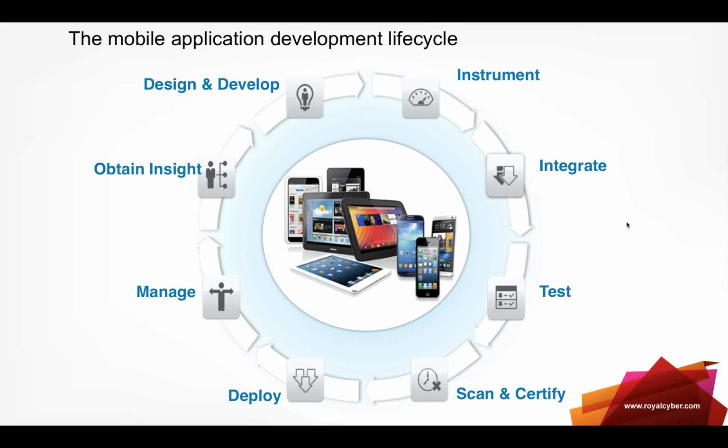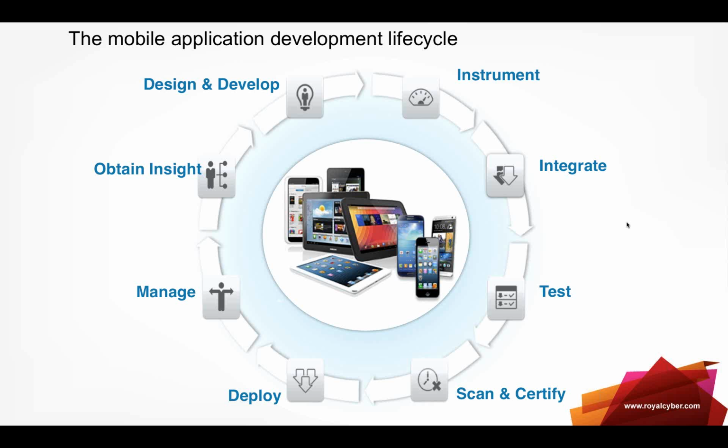If you want to get into a disciplined mobile application development lifecycle, and it certainly is recommended, you have all of the pieces here now from IBM, starting at about 11 o'clock on the dial: designing, developing with Worklight, instrumenting your application with Worklight, and then potentially with Tealeaf, integrating your application into your enterprise through either some of the Worklight integration capabilities or some of the advanced IBM integration capabilities with things like Cast Iron and ESB solutions from IBM.